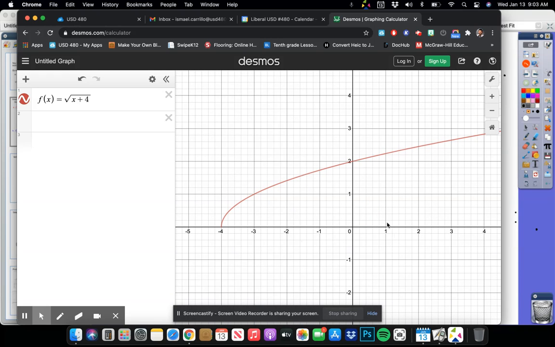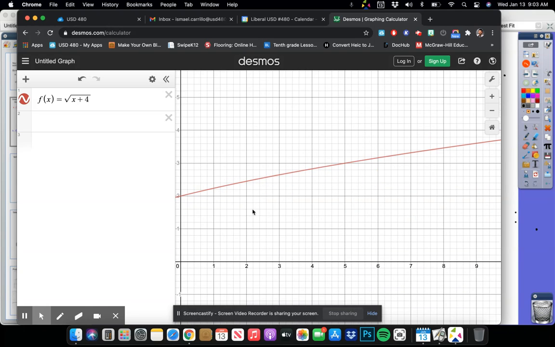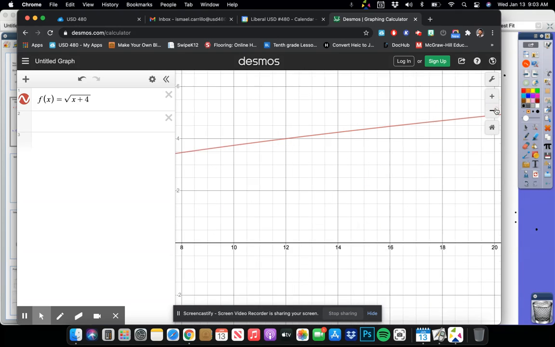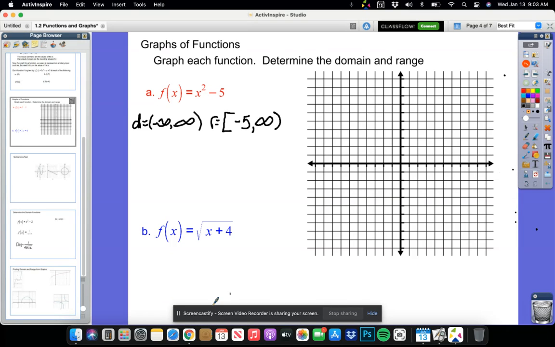The lowest it is is 0, but the highest, because it's going forever to the right, it's also going forever up. So the range goes from 0 to positive infinity as well.